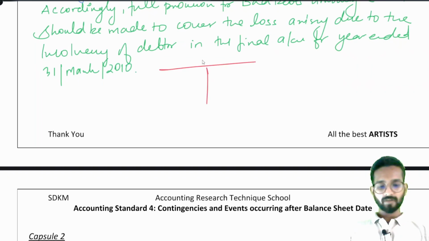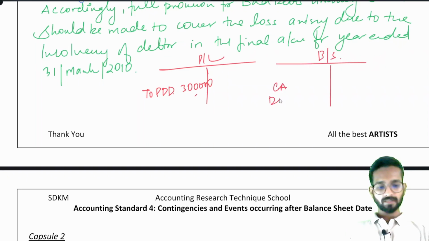See, creating a provision means what will happen? They will go in the profit and loss and they will write here provision for doubtful debt 3 lakh rupees. Understood? Then the impact will be on the balance sheet, current asset, debtors appearing here.